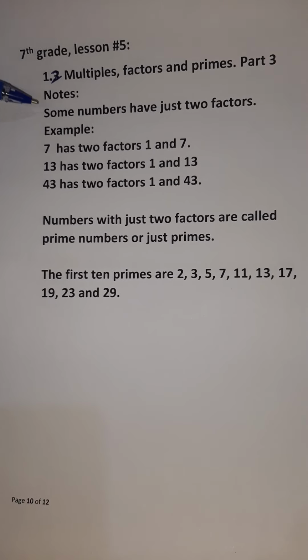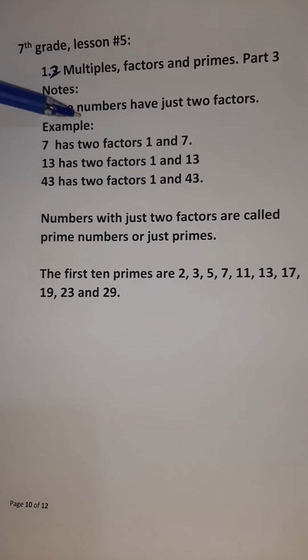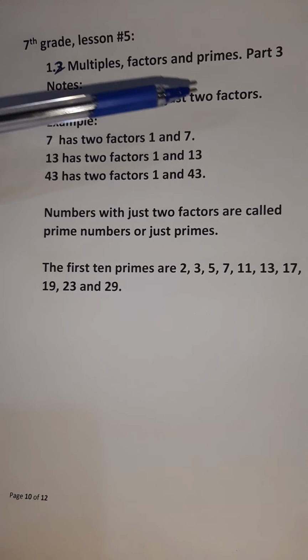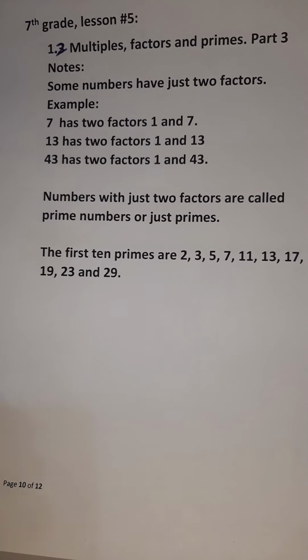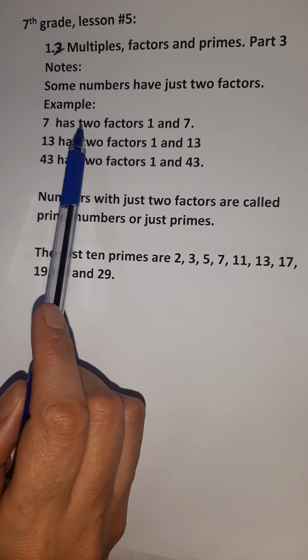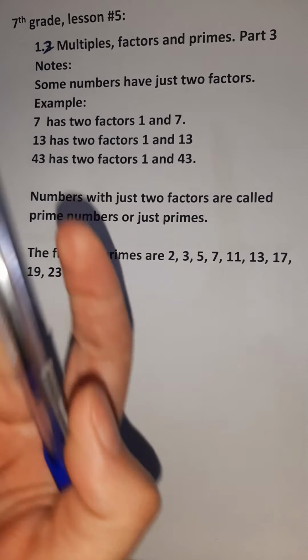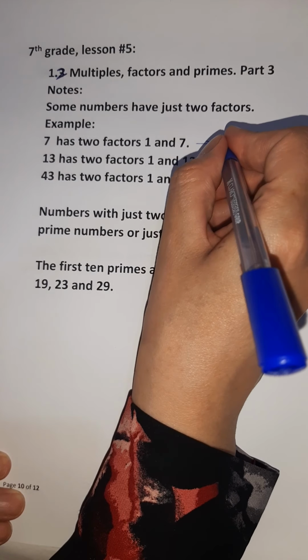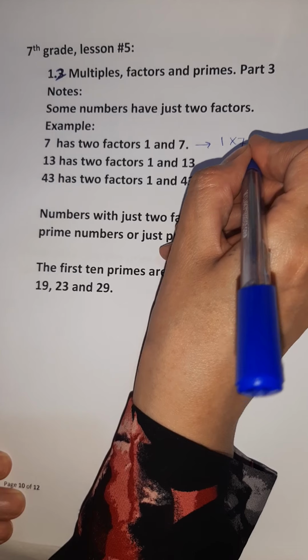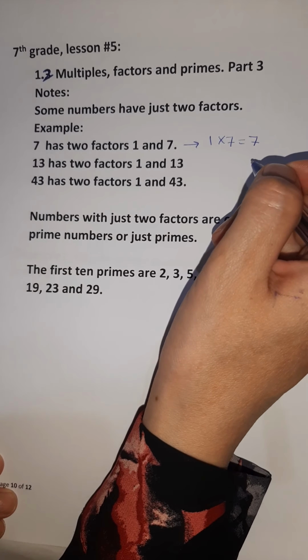Attention, give me your attention, please. Some numbers have just 2 factors. Example, here we have 7, which has 2 factors, 1 and 7. Why? Since we can rewrite 7 as 1 times 7 equals 7.